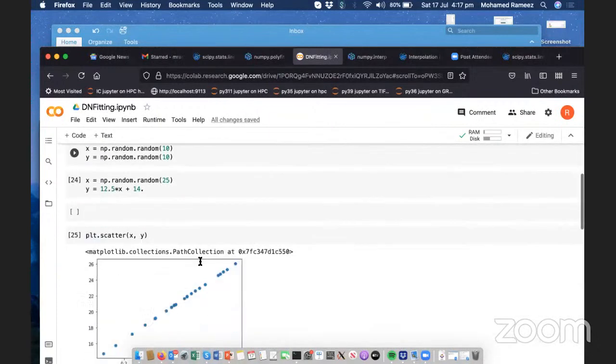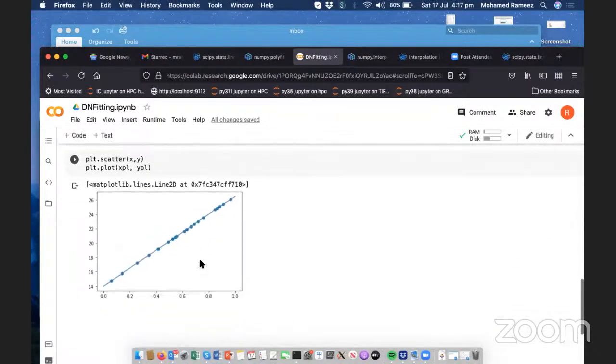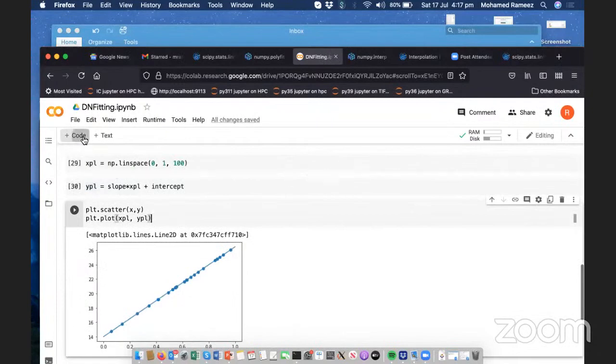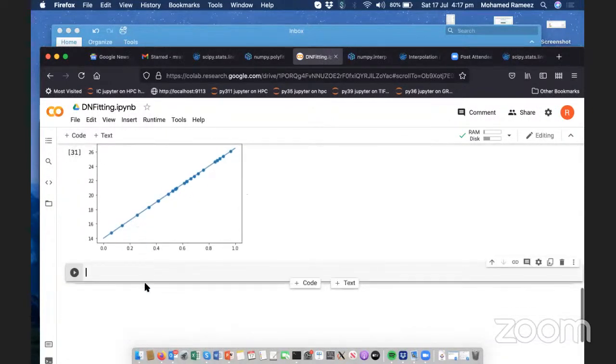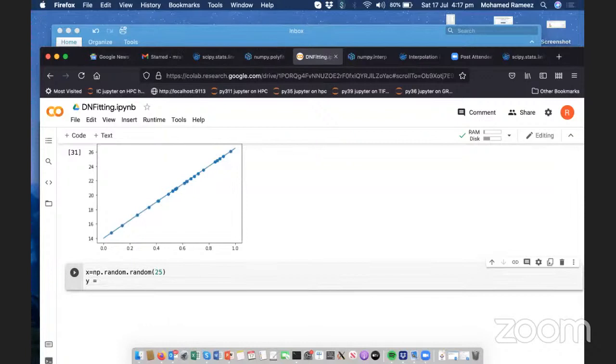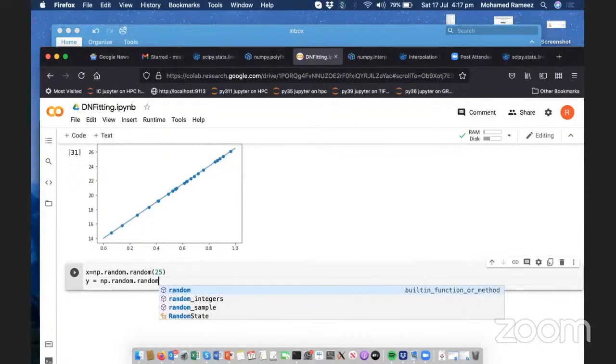I think an important thing to understand after you perform a linear fit is to see what happens if you fit a polynomial. So let us once again do x equals np.random of 25, y equals np.random of 25.